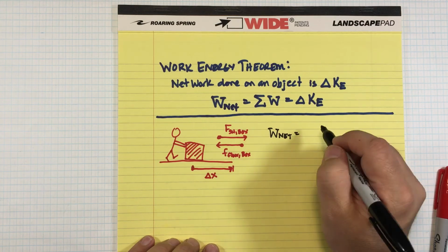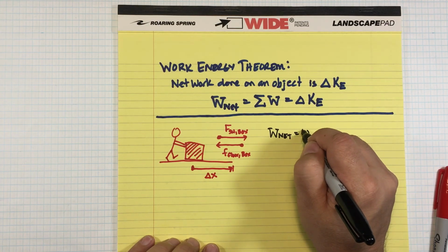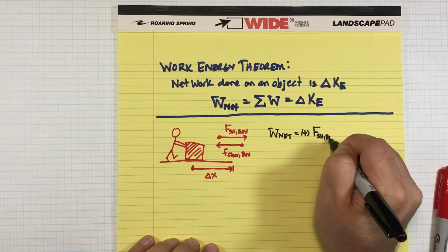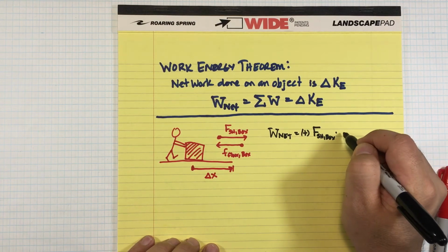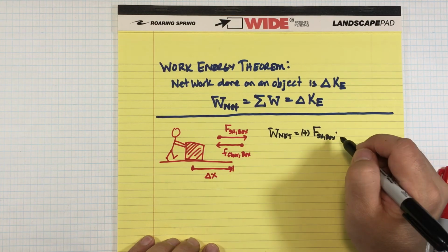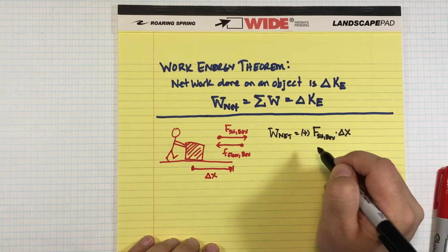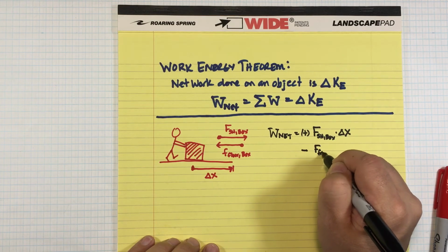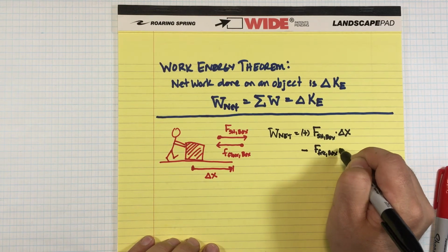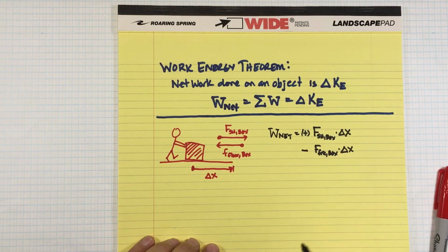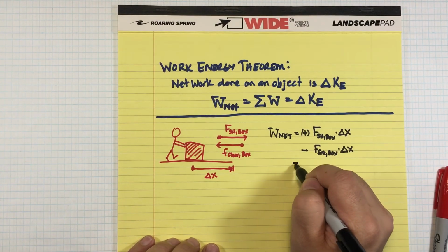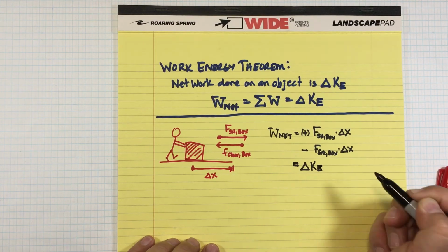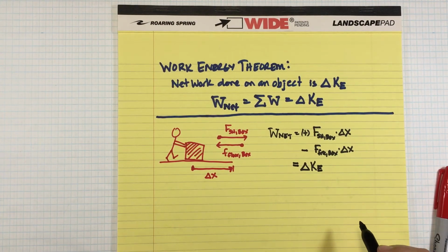is equal to, as we computed on the last page, the force that I exert on the box times the displacement, plus the work that friction did on the box, the force of friction times the displacement, and that's equal to the total change in kinetic energy of the box.